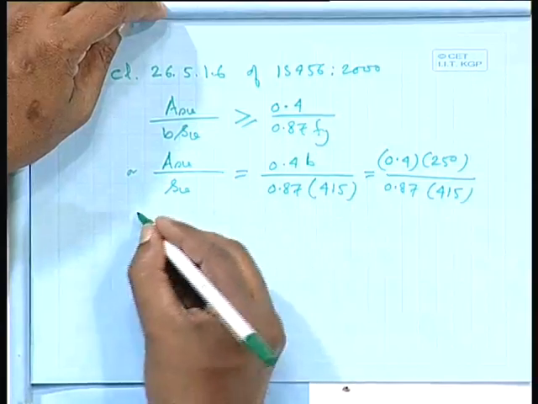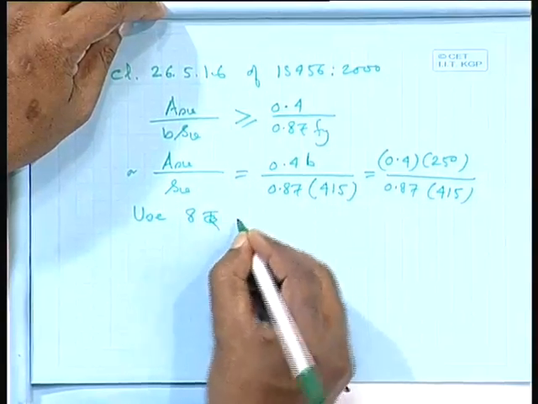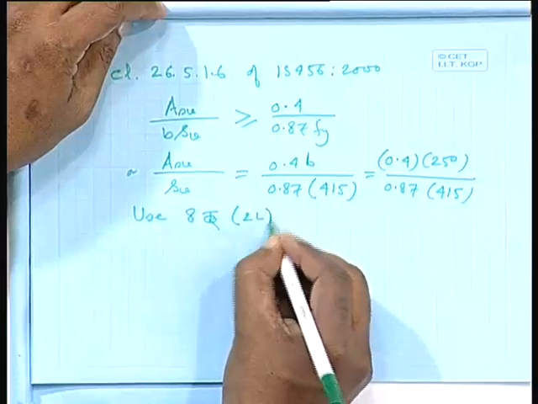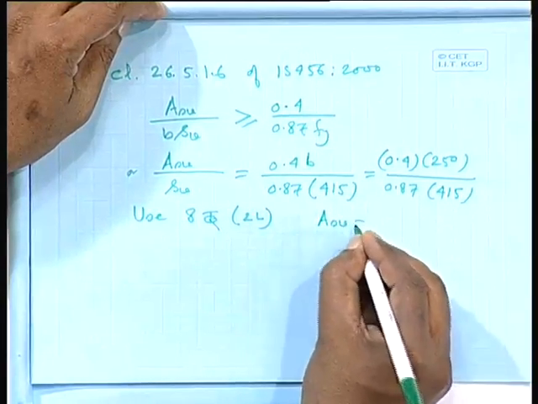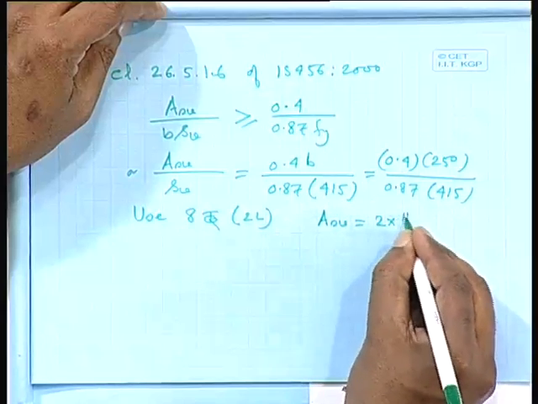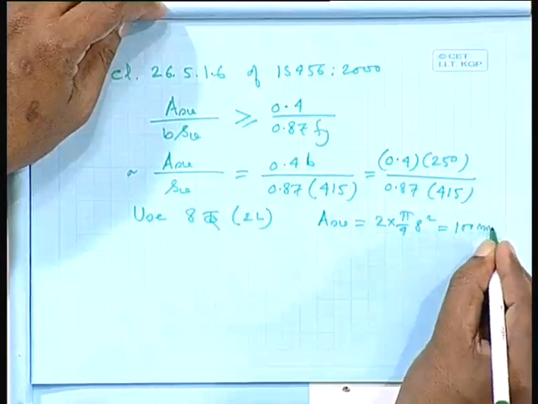Let us use 8 torr two-legged. So, ASV equal to 100 square millimeter.